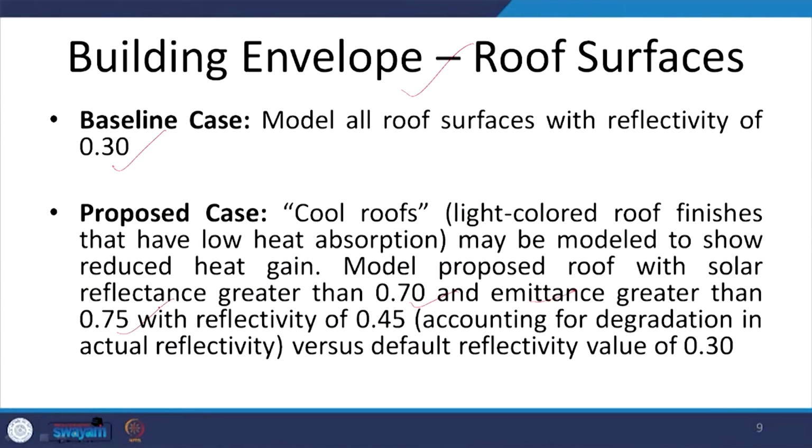Cool roofs will have a solar reflectance greater than 0.7 and emittance greater than 0.75. So, this is accounting for an informed choice by the designer and the proposer of the building. The proposed case gives the advantage over this reflectivity value of 0.3.